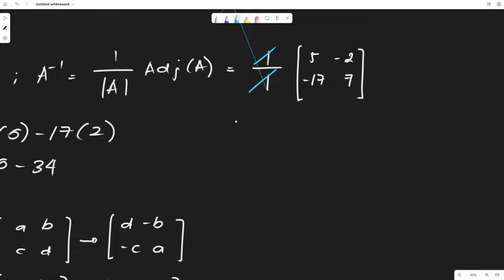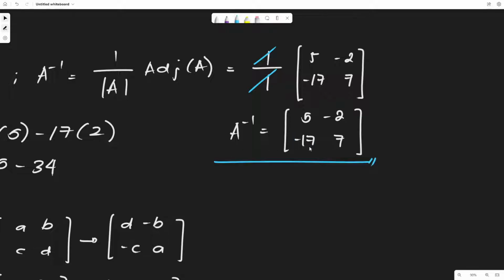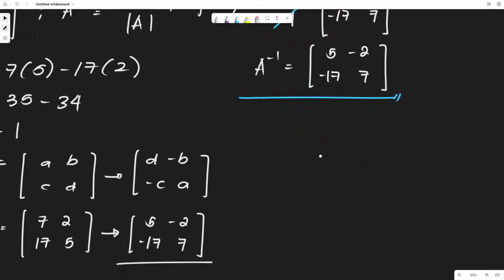So the inverse of A is equal to 5, negative 2, negative 17, 7. This is our answer. So that is the inverse of that matrix.